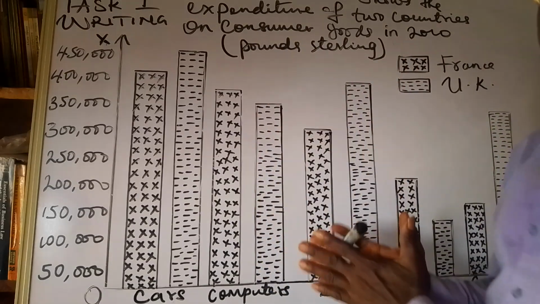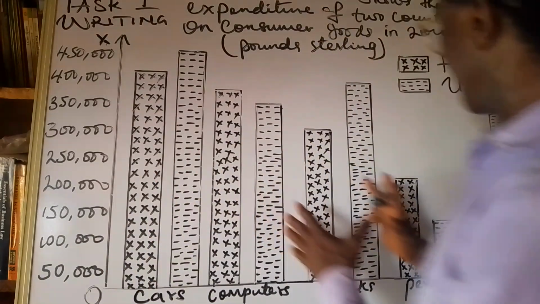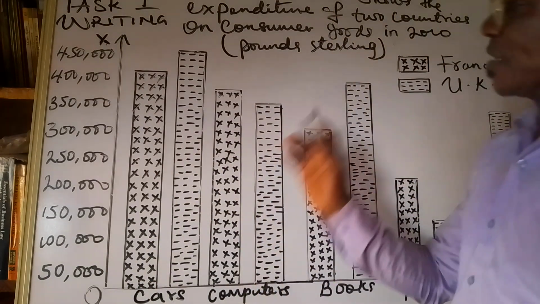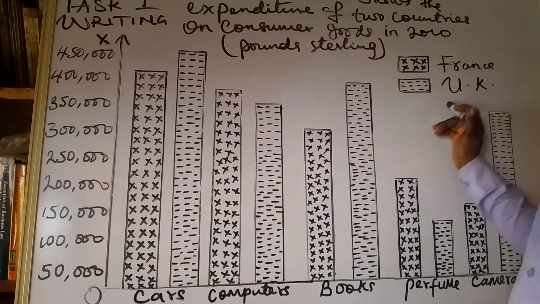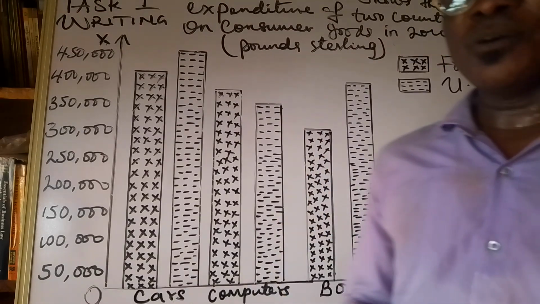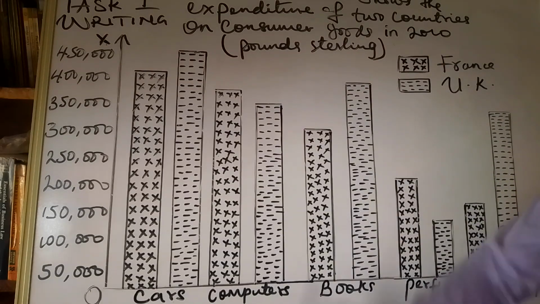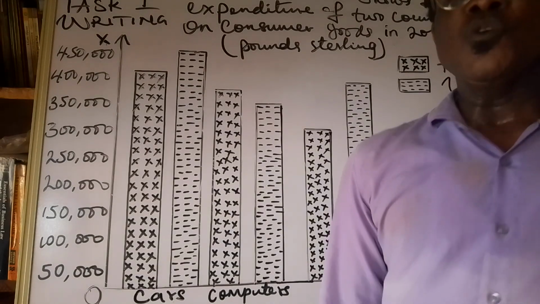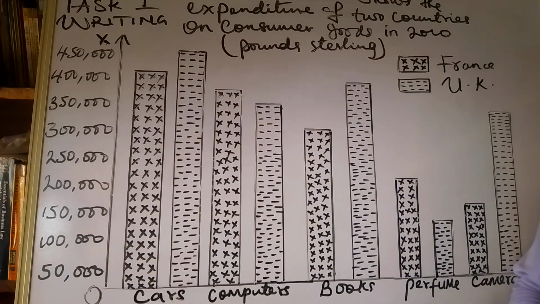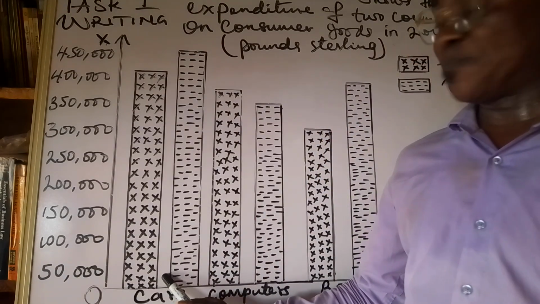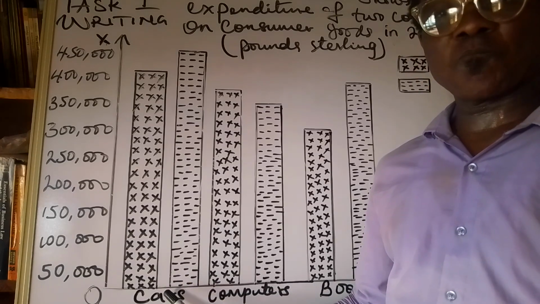Let us take a look at a glance. What is the chart talking about? What do we see on the chart? Now, what we discover here is that the UK spent more on consumer goods in the year 2010 than France. We also notice that both France and the UK made their greatest expenditure in the study period on cars.